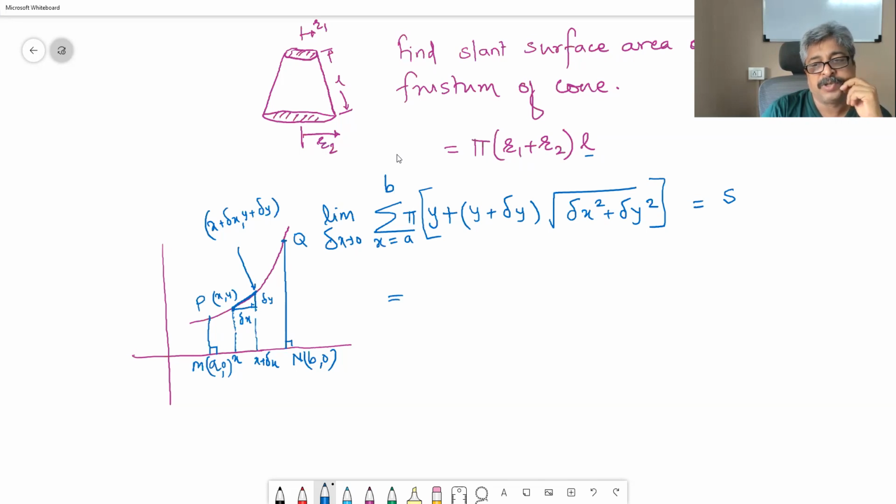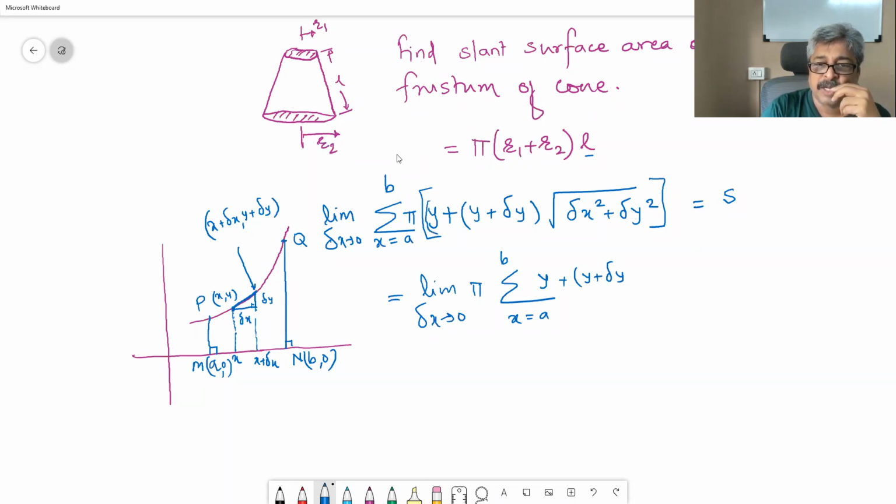We know this is the notation for a definite integral, and maybe you can do one more step here. This is equal to the limit as delta x tends to 0 of pi times sigma x goes from a to b, y plus delta y.